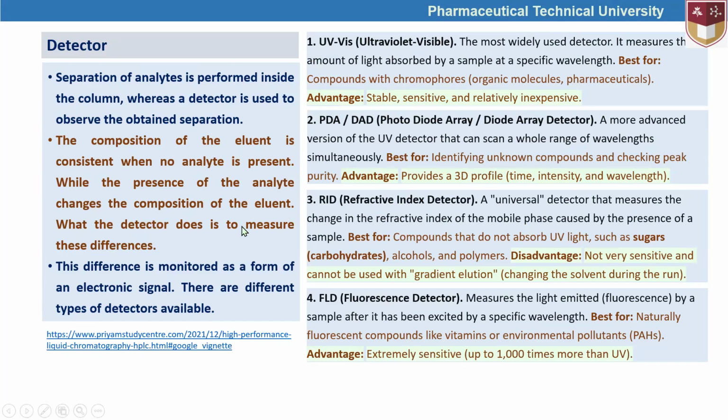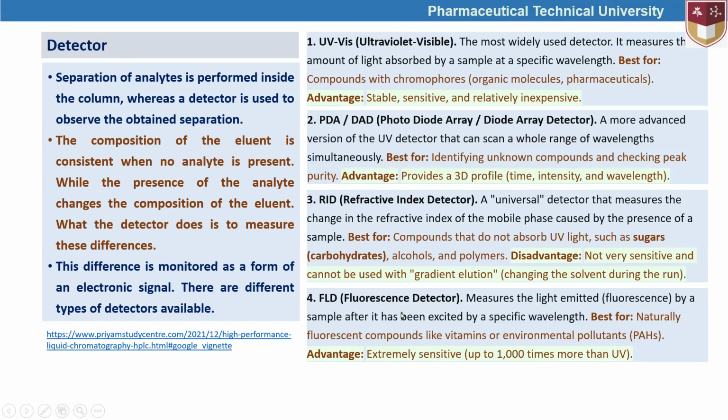What the detector does is measure these differences. They quantify the compound, and identification is done based on flow rate and retention time. This difference is monitored as an electronic signal.